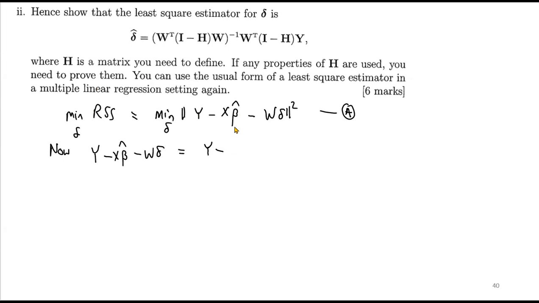The beta hat we know from part 1. And then can you see that I can just write this as the hat matrix, which I said you have to define, but if you substitute this in, you can see there's a hat matrix right there, times y star, which is y minus W delta.